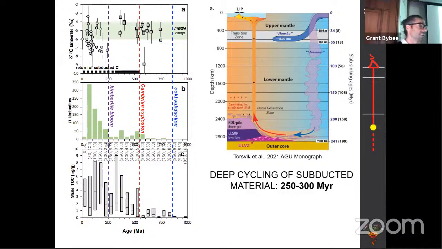Perhaps just coincidentally, this is more or less the time gap that we see between the Cambrian explosion and the onset of the kimberlite bloom and the perturbation in the carbon isotopic composition of kimberlites.